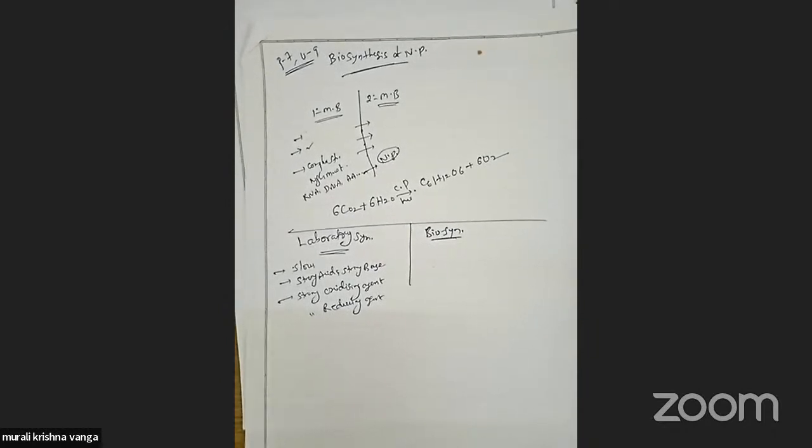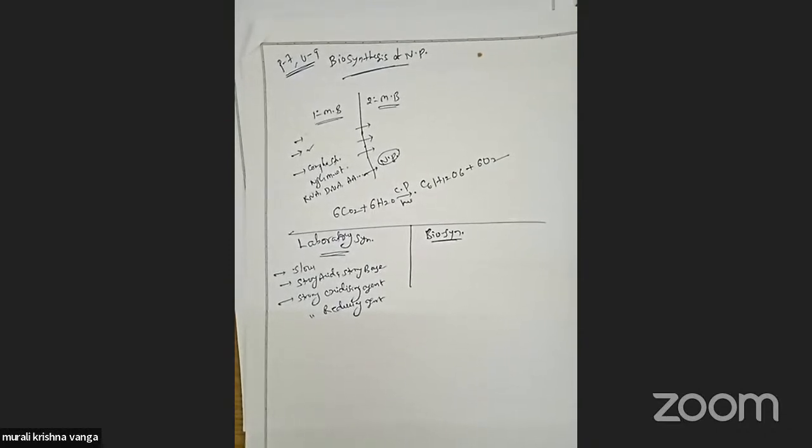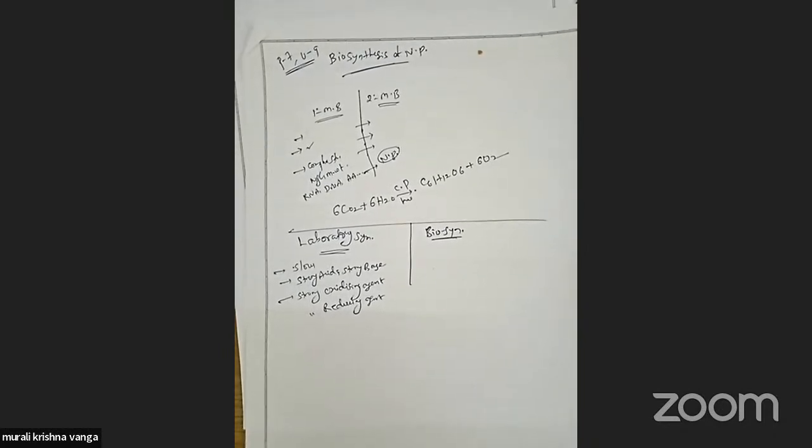Most laboratory syntheses are carried out in acidic or basic pH conditions. A majority of organic syntheses are catalyzed by chemical catalysts like AlCl3, FeCl3, and zinc chloride.